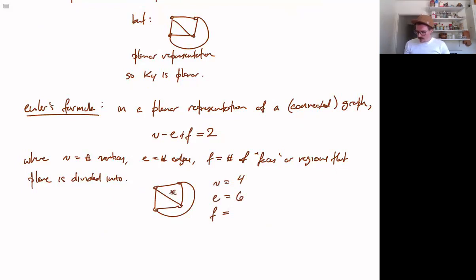Well, there's this one, this one, this one, and we do include the outside region, outside of the whole graph. So there are 4 faces. And we see that 4 minus 6 plus 4 is indeed equal to 2. So Euler's formula checks out in this case, but the claim is that this is true for any planar representation of any planar graph.